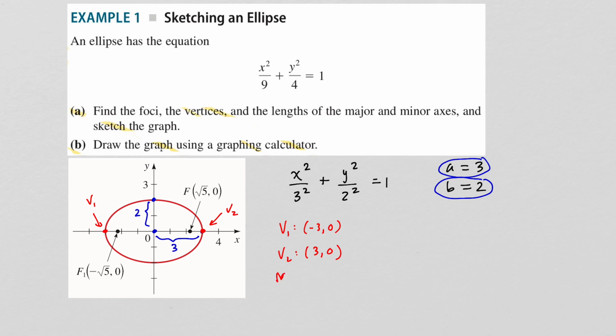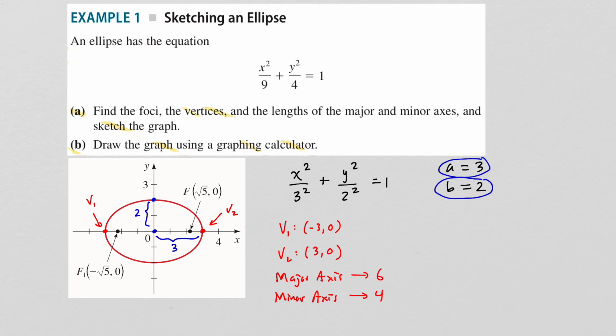Now, the length of the major axis is 6 units. You can see that it's 3 plus 3. And the length of the minor axis is 4 units. And you can see that right here, 2 plus 2 is 4.